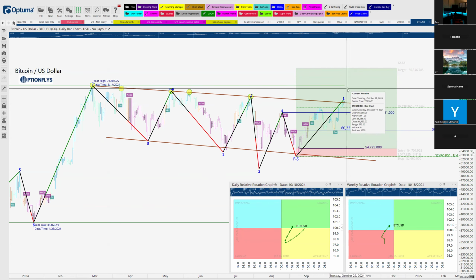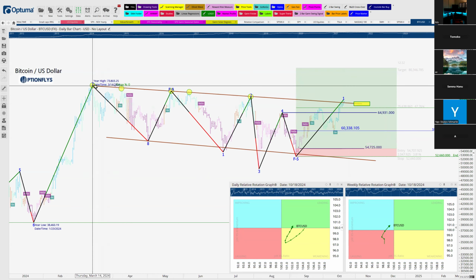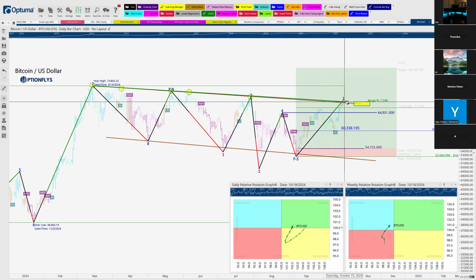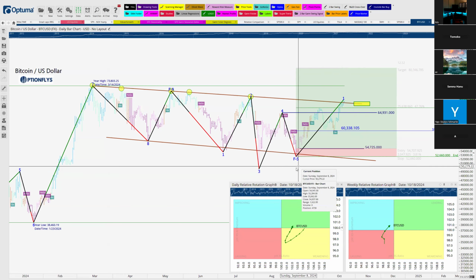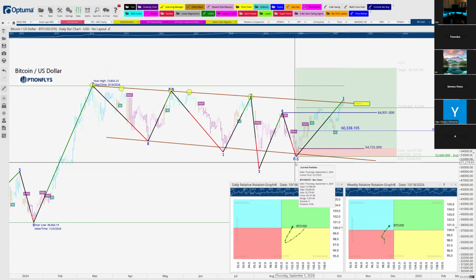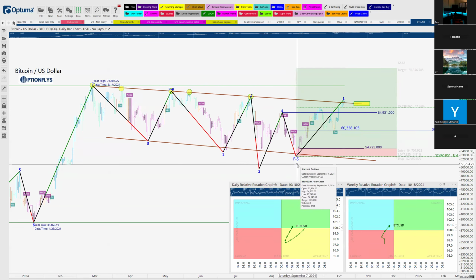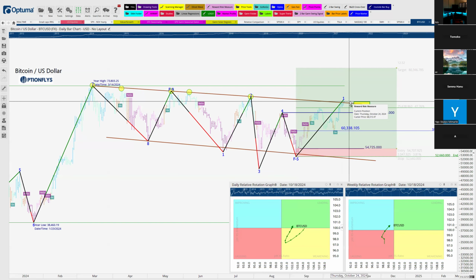So still got room to work. Around 7.5% upside. So it will crack. It's just once you have a failed swing, as I talked about before, it has like 95% probability it's going to reverse the swing back up.